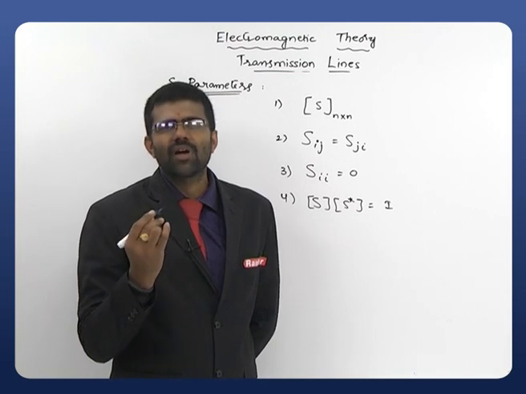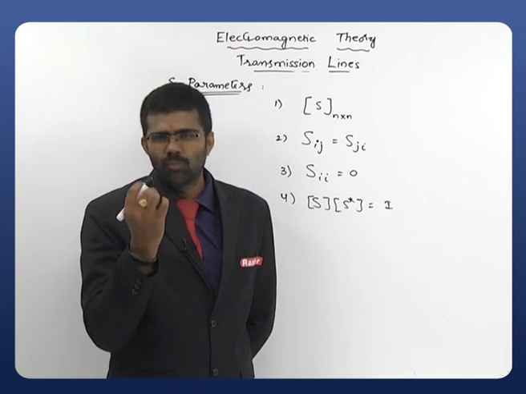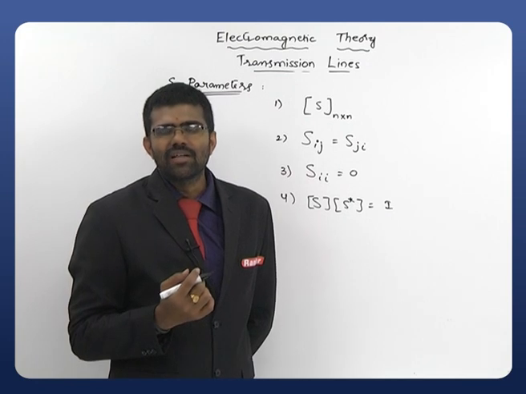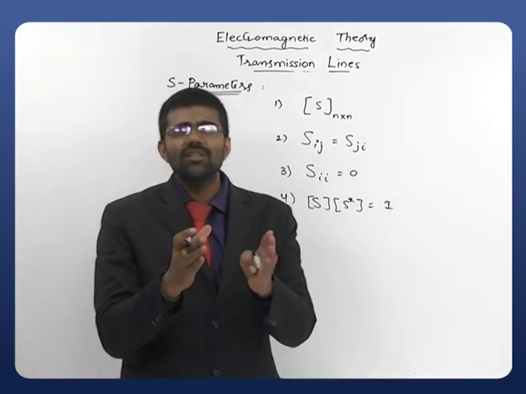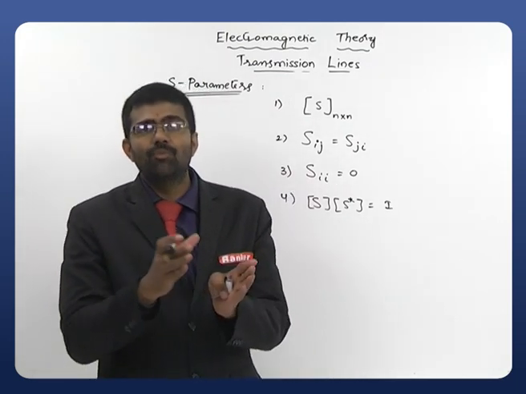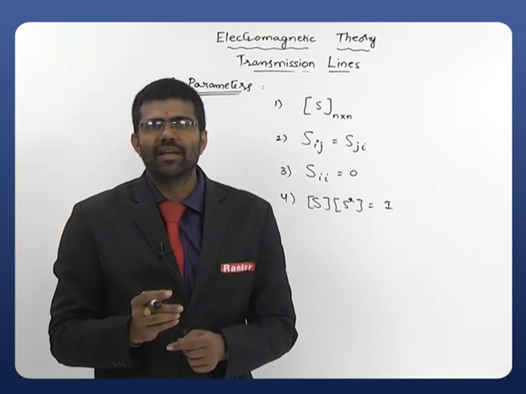And the final, very small and very important property is that whenever we are moving the port for a distance of beta L, which is nothing but the electrical length.